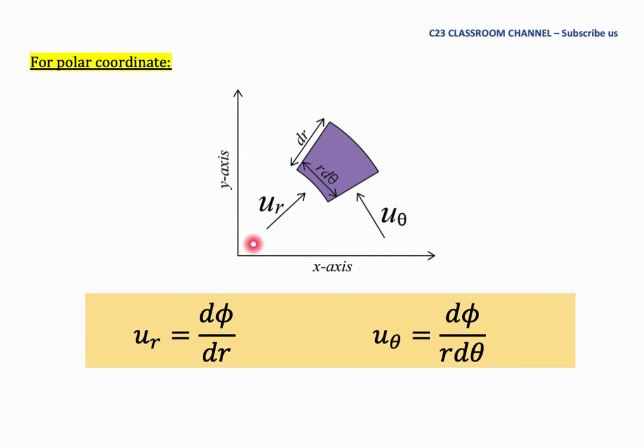Then we have the relationship ur equals d phi over dr, because dr here is the distance traveled by this element, and u theta here is equal to d phi over r d theta, because r d theta here is the distance traveled by this fluid element.